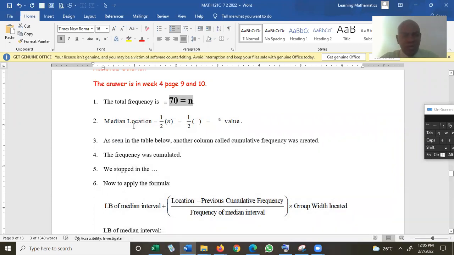Now the median location is half. So we will talk about that after. Let's continue. The median location is half of N. What I'm getting is half of 70, so I'm going to find half of 70.